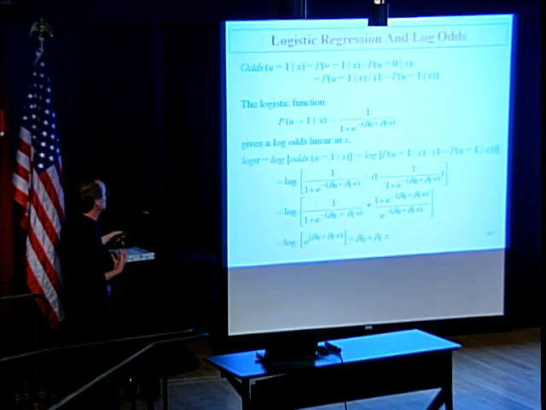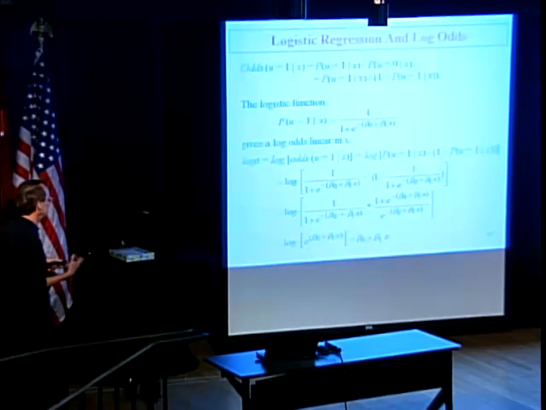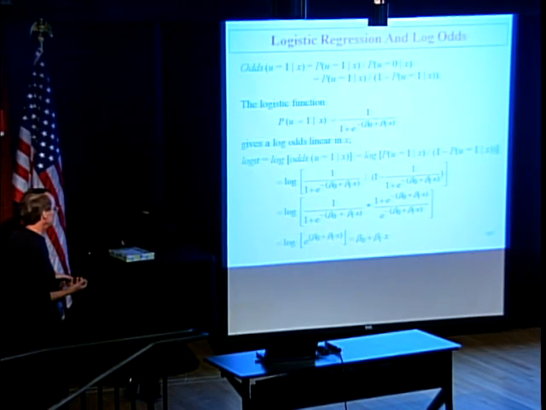So it's just a ratio of probabilities. If you assume the logistic model, as opposed to the probit model, you're going to get a log odds that's linear in x. And whenever you get something linear, it gets easier to interpret.